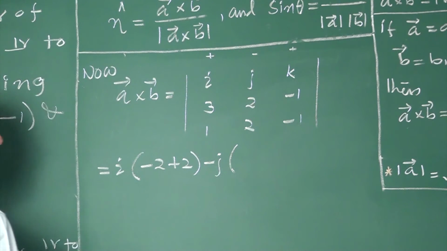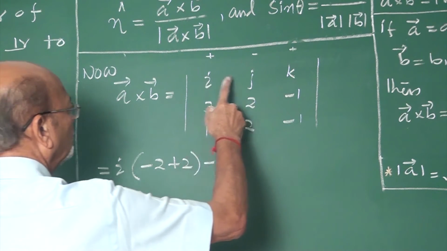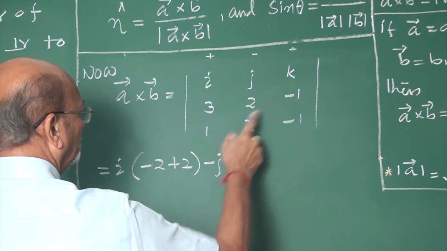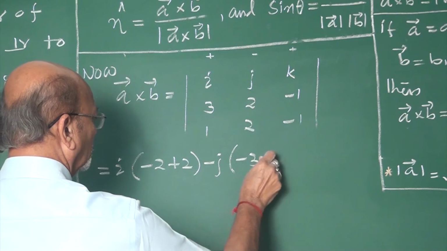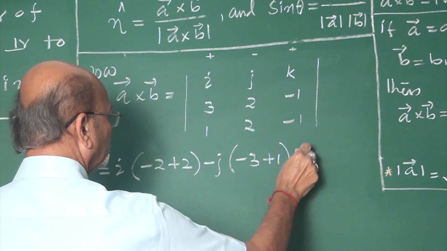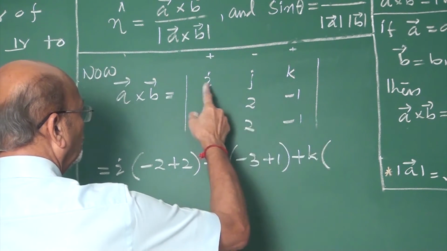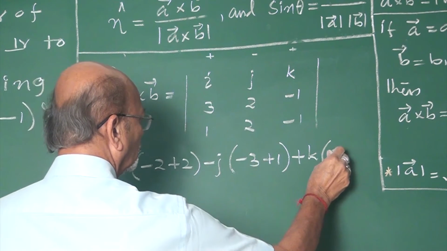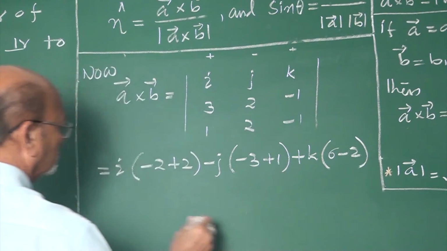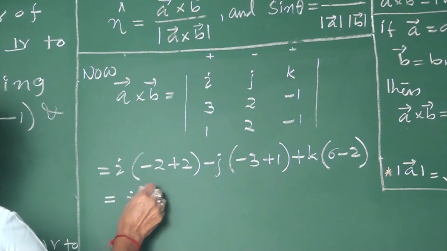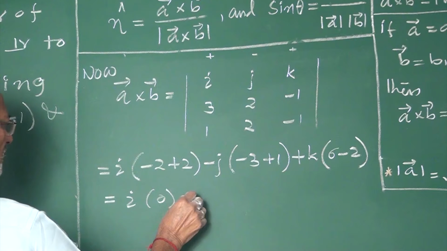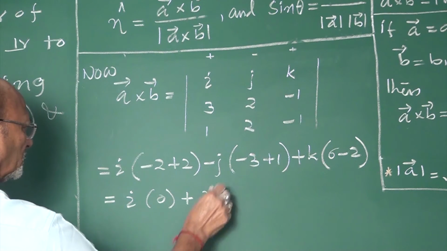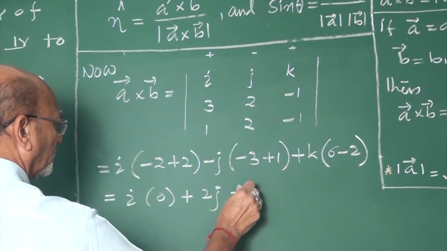Minus j into, first row, second column, minus 3 plus 1. Plus k into, first row, last column, 6 minus 2. So i into 0, minus j into minus 2 is plus 2j, plus 4k.